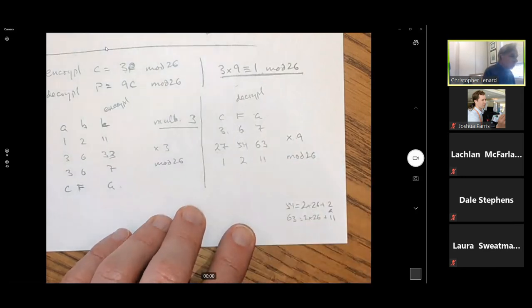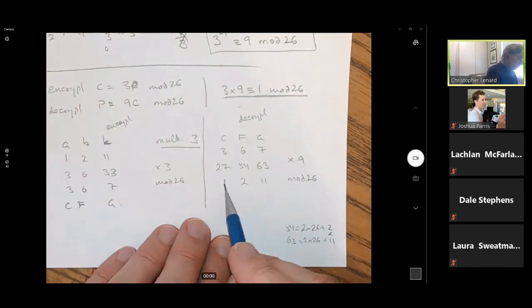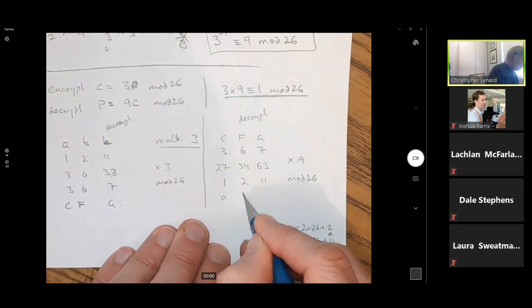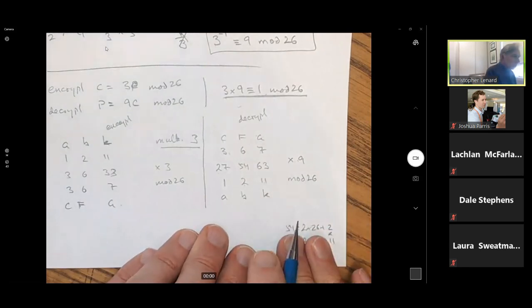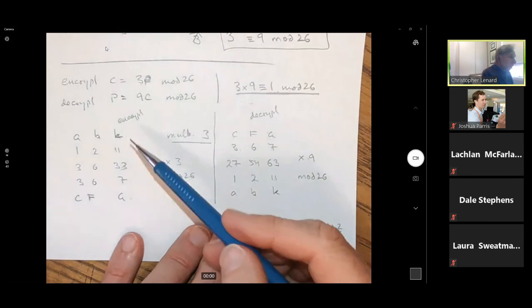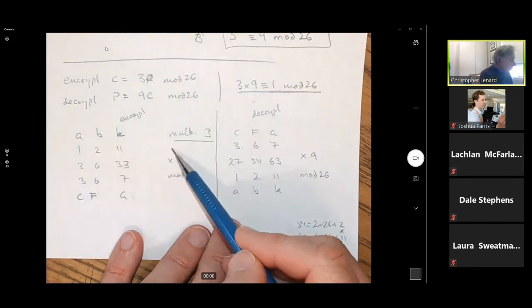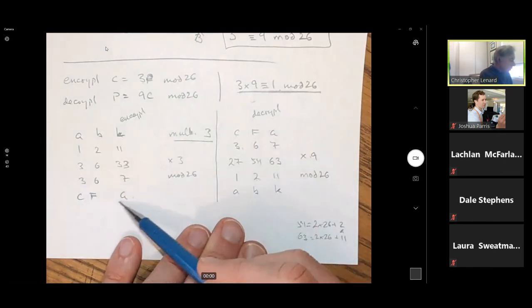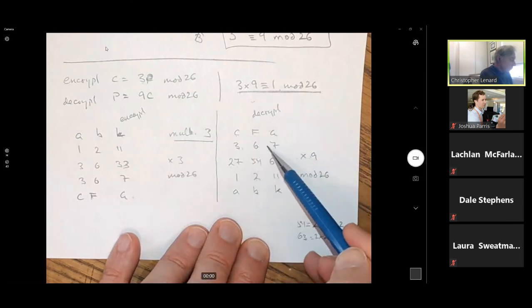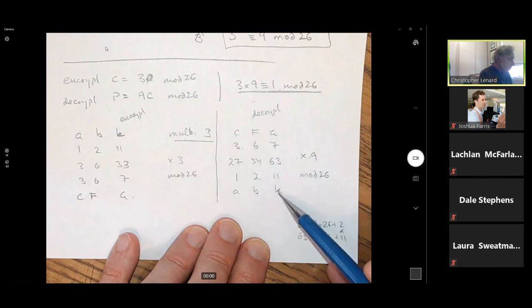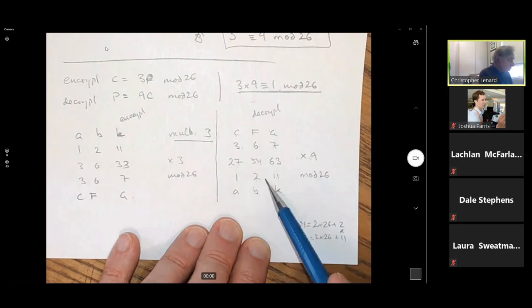So that reduces back to 11. What's the first letter of the alphabet? A. What's the second letter of the alphabet? B. What's the 11th letter of the alphabet? K. So, encrypted ABK by multiplying by 3, reducing to CFG. Decrypt by multiplying by 9, CFG 3, 6, 7 becomes ABK: 27, 54, 63 by 9, and then reducing gives ABK. And thankfully, ABK is what was originally sent.